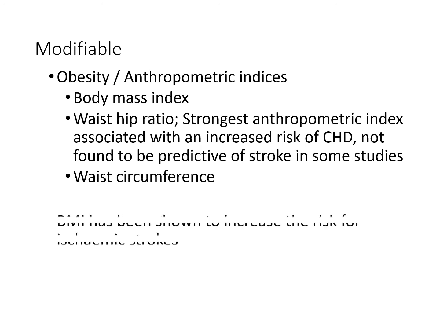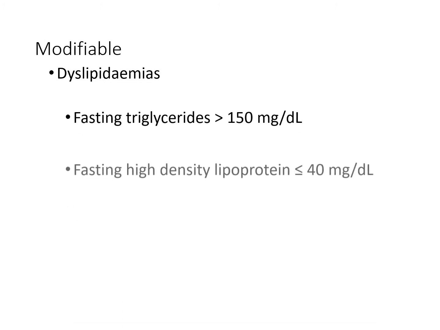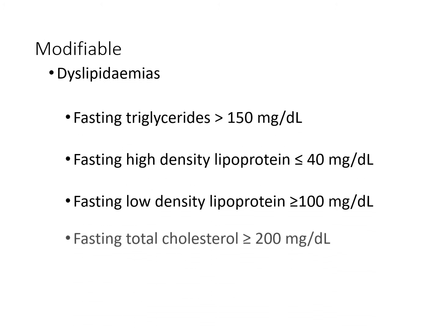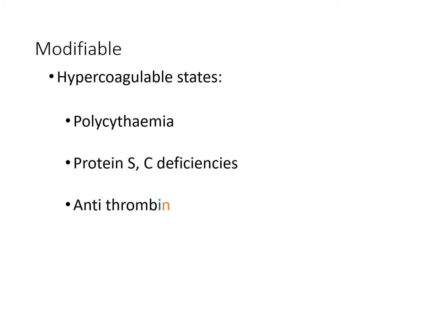Obesity also, and BMI. It has been shown that the waist to hip ratio is actually a stronger predictor of the possibility of someone developing a cardiac event or ischemic heart disease compared to BMI. So these are certain modifiable risk factors. Hypercoagulable states are quite rare, but are also risk factors.